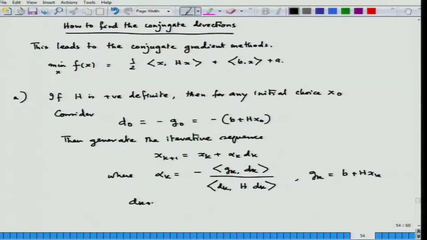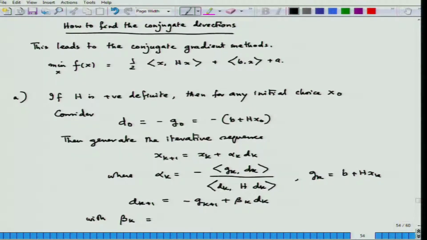And d_{k+1} is minus g_{k+1} plus beta_k d_k, with beta_k a very important scale factor now, because it allows you to find the next direction. So, if I have d_0, then d_1 is minus g_1 plus beta_0 d_0. That is how I am generating the conjugate directions.